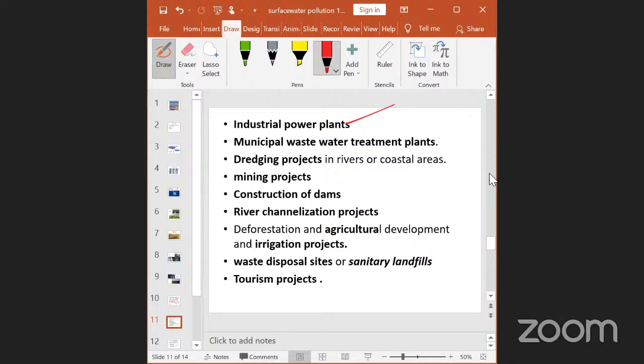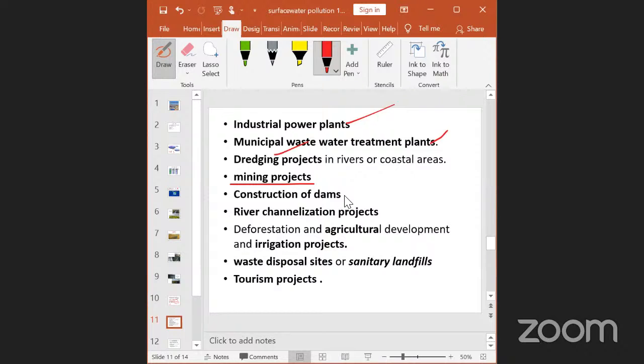Next, the industrial discharging process. What is the industrial discharging process? It is process wastewater from either routine operation or as a result of accidents and spills, right? And discharging of municipal wastewater treatment plants, dredging projects in rivers or coastal areas, and surface mining projects with resultant changes in the surface water hydrology.